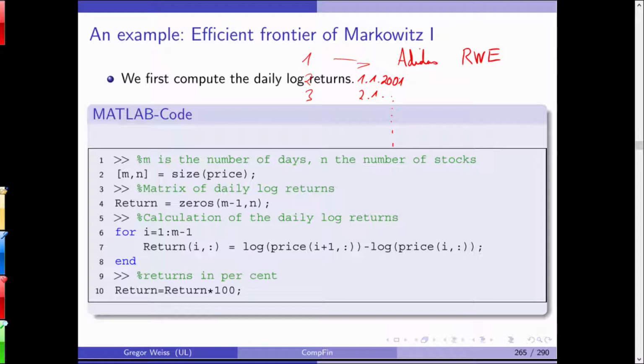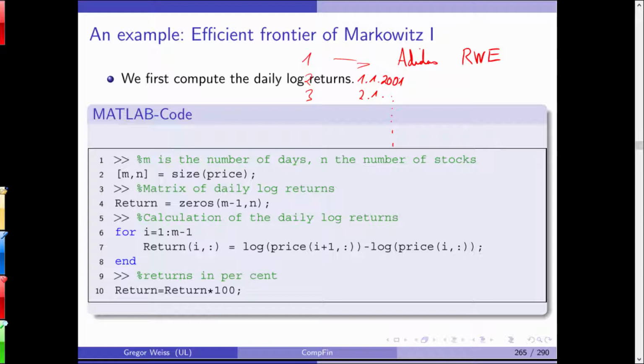Then we calculate the daily log returns for I equal to 1 until m-1. Return I is given by log of price I plus 1 minus log of price at I. This is just the definition of a log return. You could have done this in Excel and then uploaded the data from Excel to MATLAB, but here I've done it all in MATLAB.